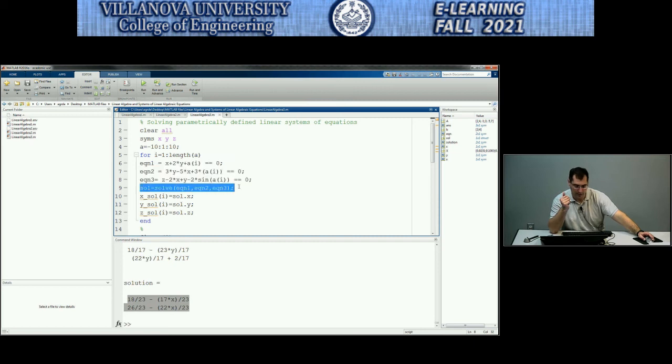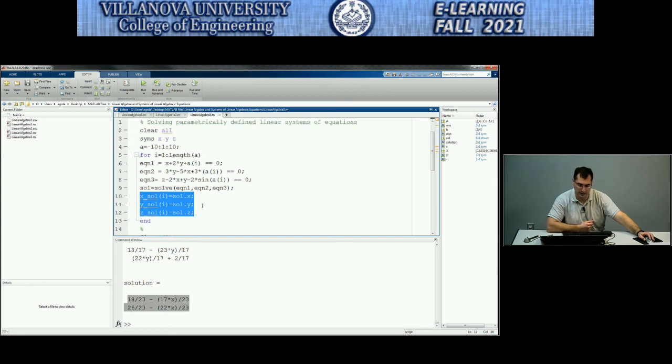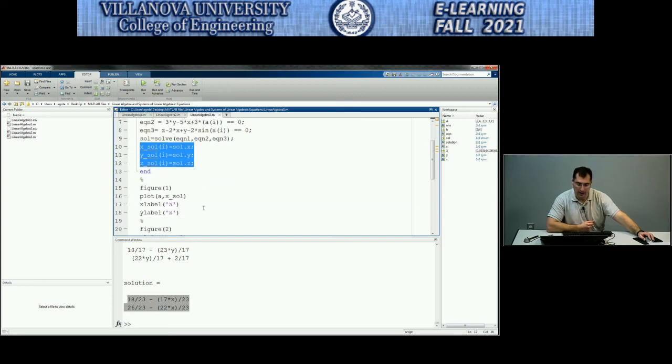Implementing the solve command. Solve is going to solve the equations such as equation 1 is equal to 0, equation 2 is equal to 0, equation 3 is equal to 0. Now I'm extracting the solutions, okay? And I repeat this as many times as the number of entries in the vector A. If you need to plot the migration of the solution with respect to the value of the parameter, you can do it this way.